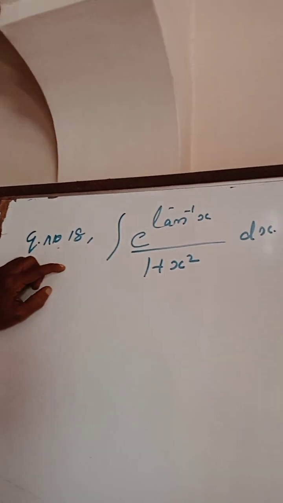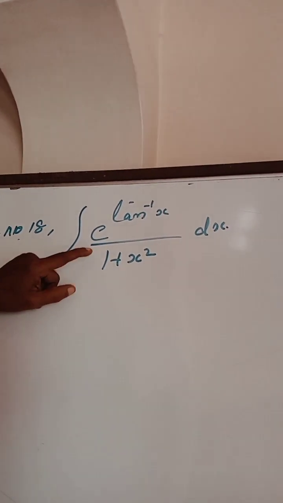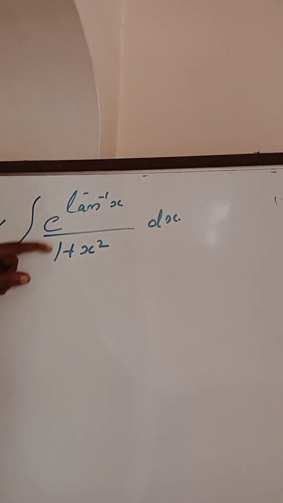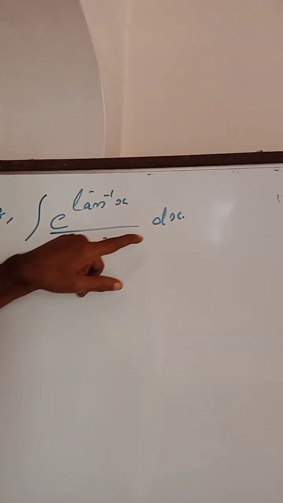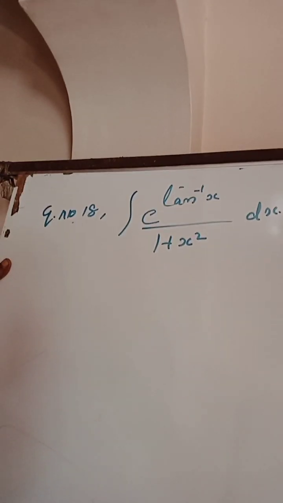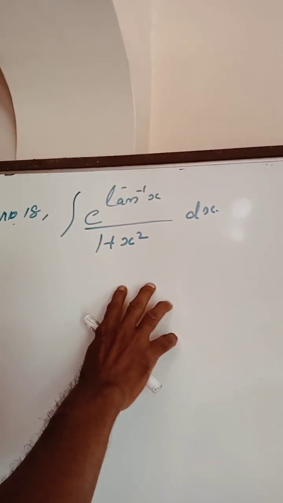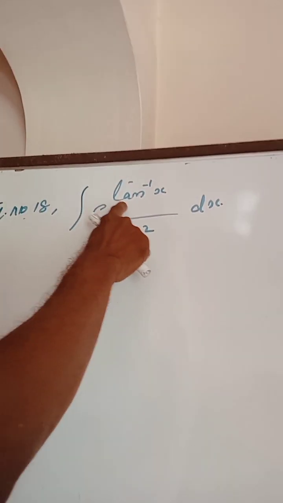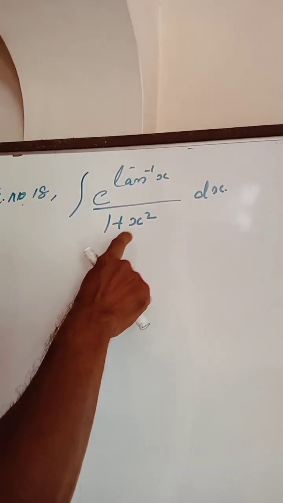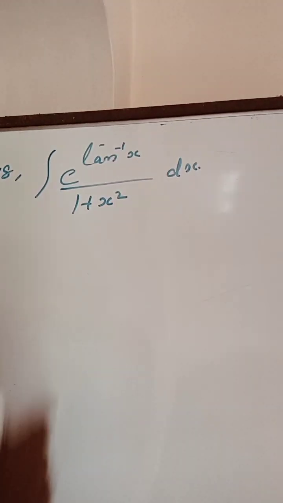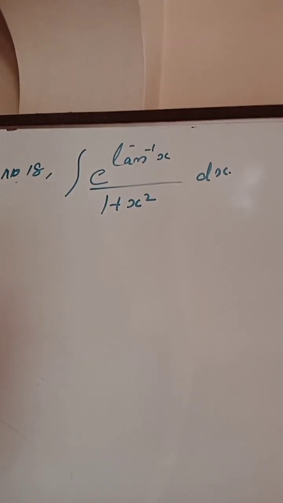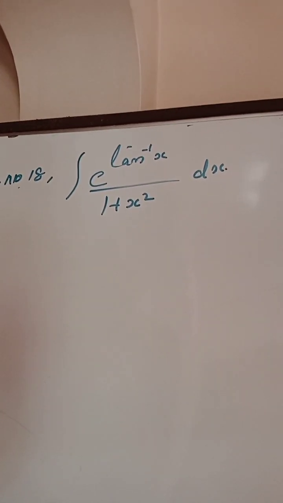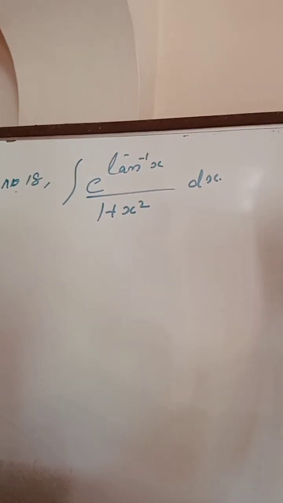Question number 18. Integration of e raised to tan inverse x divided by 1 plus x square dx. While going through this question, we can see that the derivative of tan inverse x is 1 by 1 plus x square. So we can integrate this by substitution.